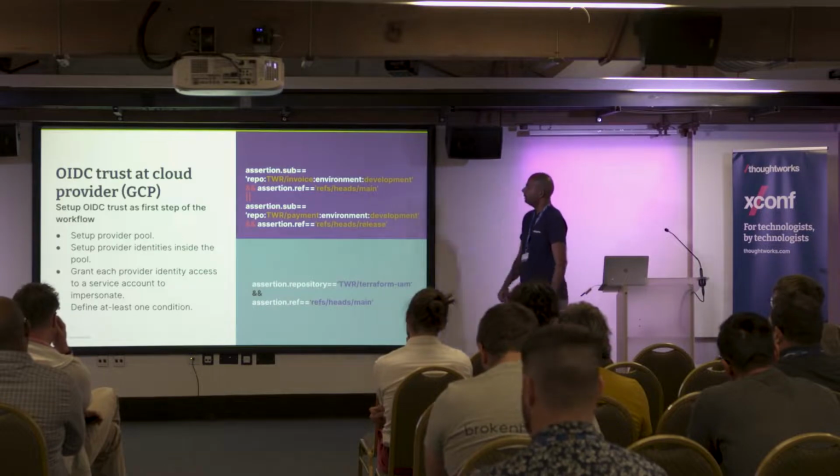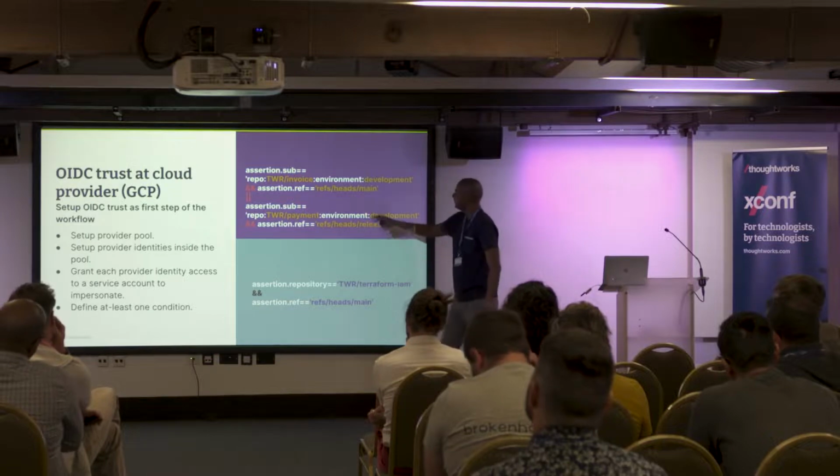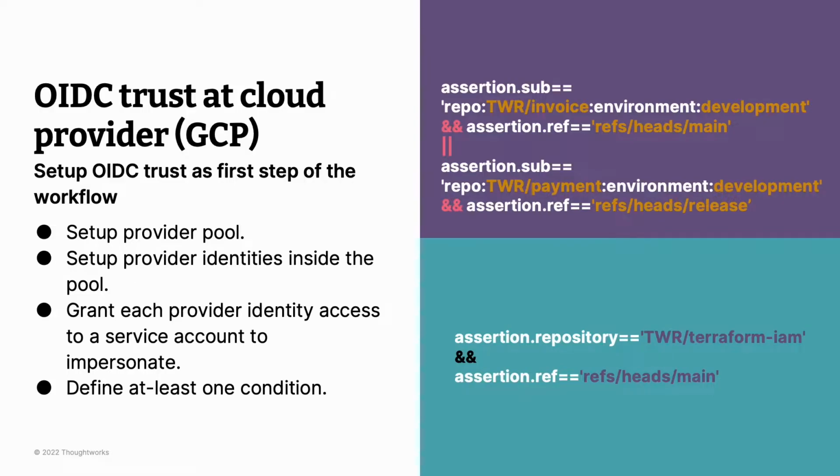Okay, and then what GCP can do, as part of the trust level that it's going to set up, is decide: I only trust a request if it is coming from a repository called invoice within an organization called TWR, from an environment that is development, and from a branch called main, or I can trust somebody whose repository is payment, the environment is development, and the branch is release. This is pretty interesting, which means now I can filter requests.